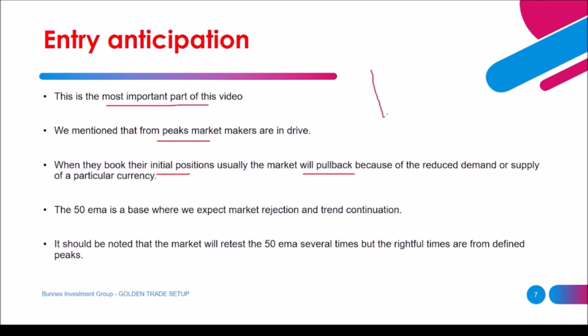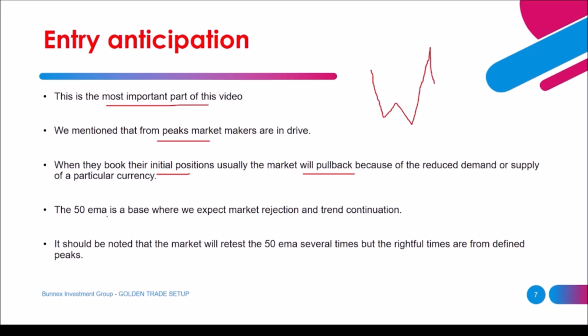So after we come from a peak, the market makers will be in drive. They will be having open positions, and with that it will be increasing, in this case, the demand of the base currency. So after they close or book some of their positions, we would see the market pulling back.